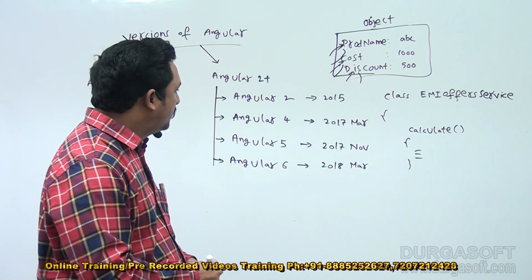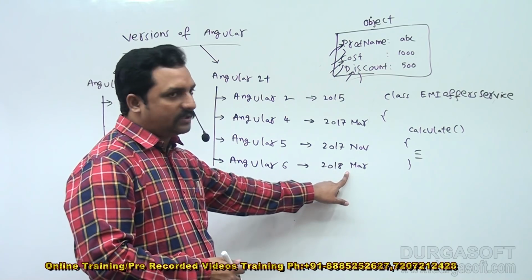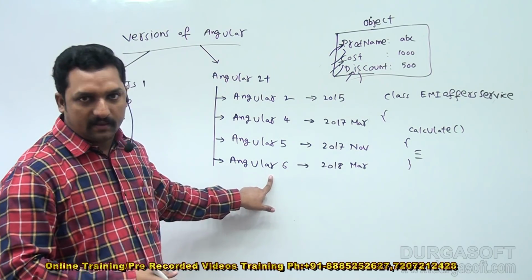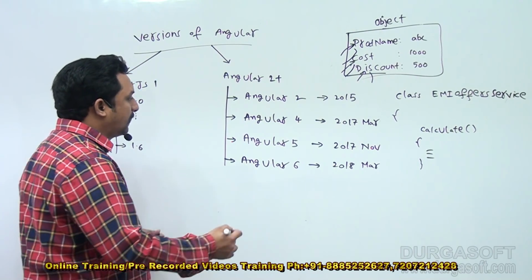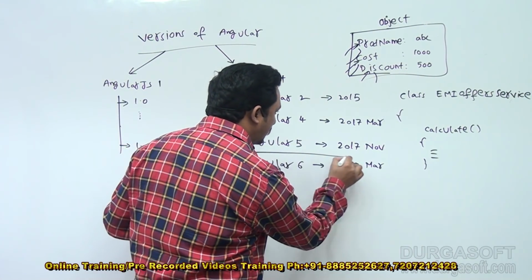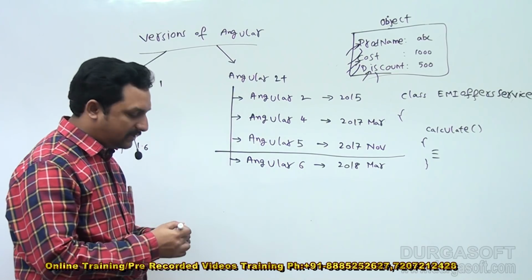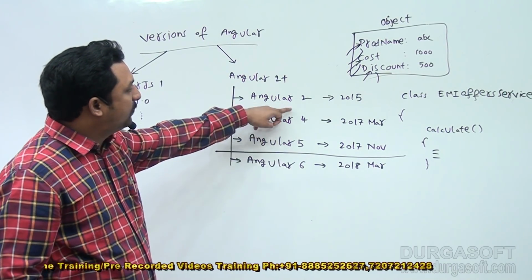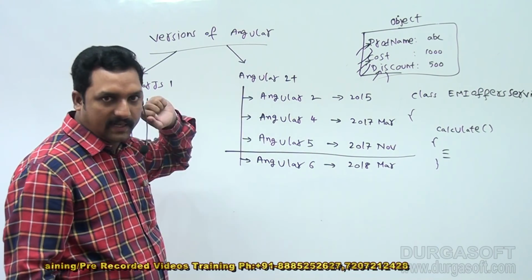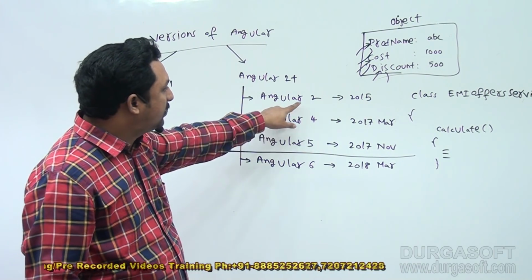So in 2018 March, Angular 6 would be released. That's a promise given by Google. But as of the date of this video, Angular 5 is the latest. That's why you can say Angular 2, 4, 5. That's for the beginning in the heading. Introduction to which one? Angular 2, 4, 5.